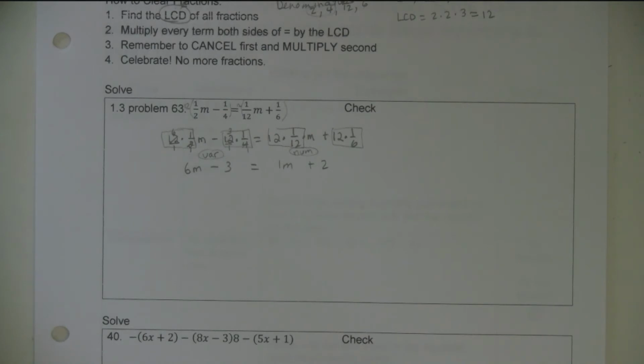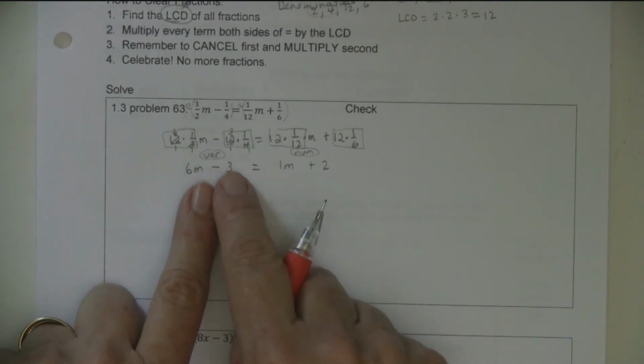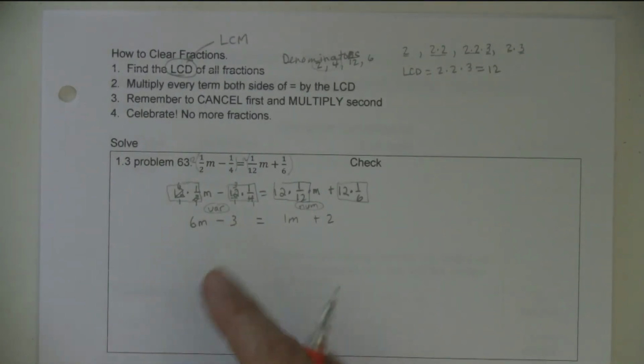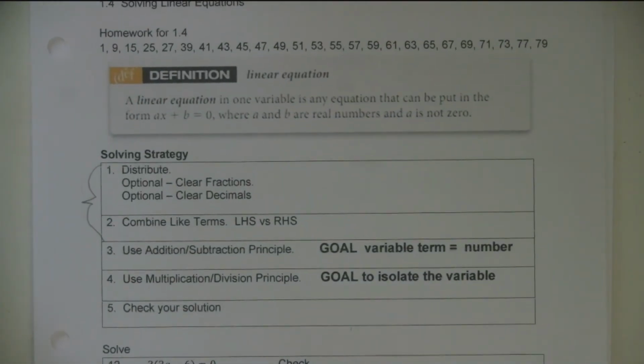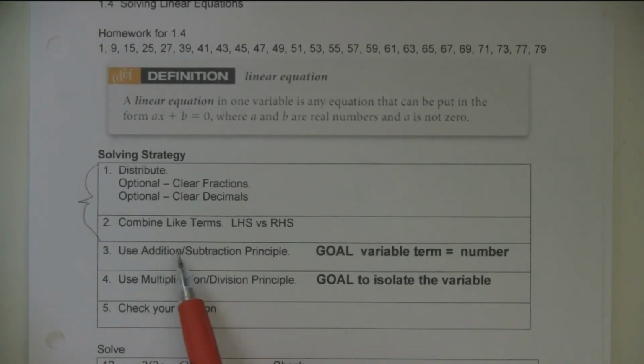So I'm going to separate it this way, but I'm just writing you my plan. So 6m is a variable on the variable side, but 3 needs to go. And remember the choices when you're doing step 3, to get the variable term on one side and the number on the other, is to use only add or subtract.